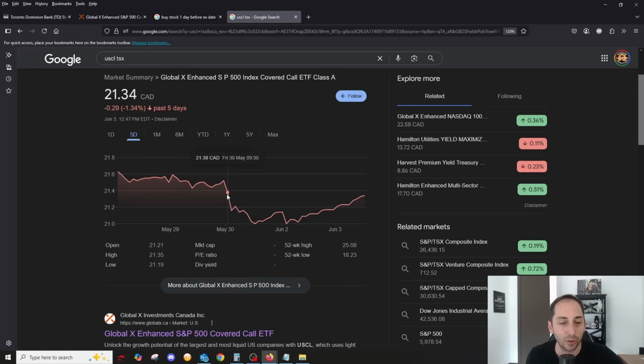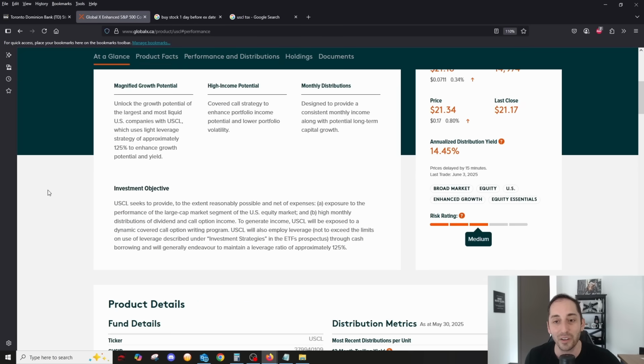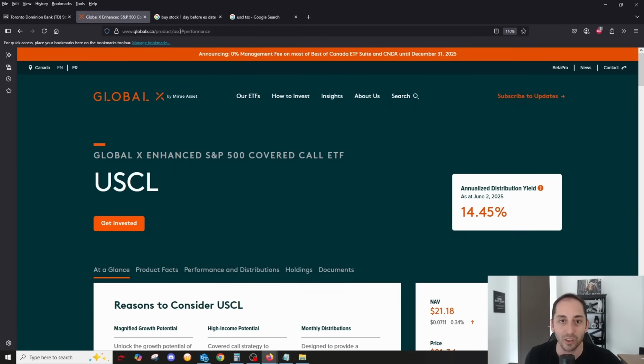Basically, on the 29th USCL will be at one price, but because May 30th is the ex-dividend date, when you wake up on May 30th, the net asset value of USCL, which is very tied to the stock price, is going to drop by the dividend amount, 25.5 cents. If ETFs have a very high yield and give out a lot of income, you'll see that.